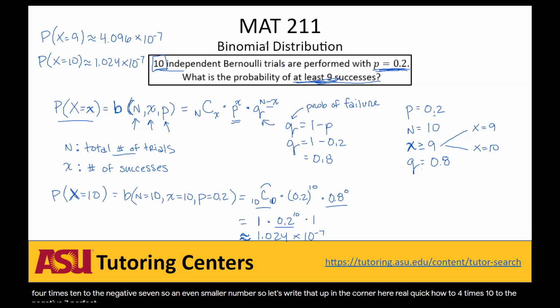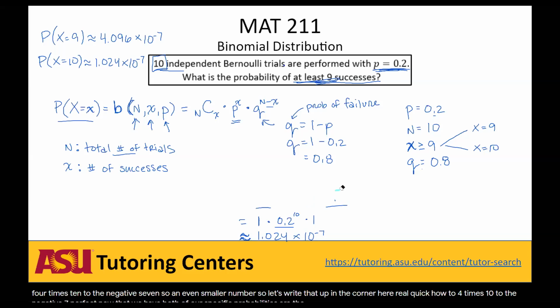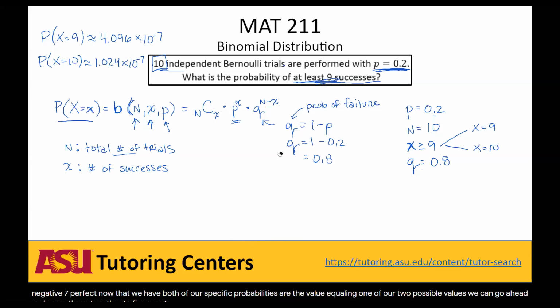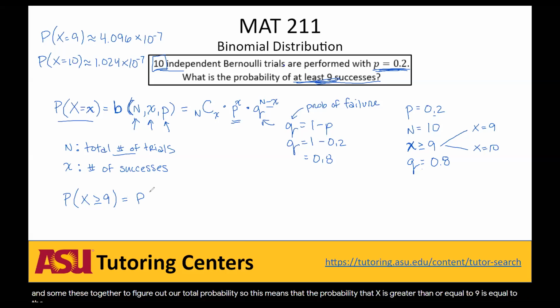Perfect. Now that we have both of our specific probabilities of the value equaling one of our two possible values, we can go ahead and sum these together to figure out our total probability. So this means that the probability that x is greater than or equal to 9 is equal to the probability that x is equal to 9 plus the probability that x is equal to 10.